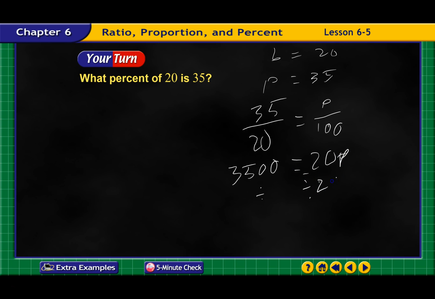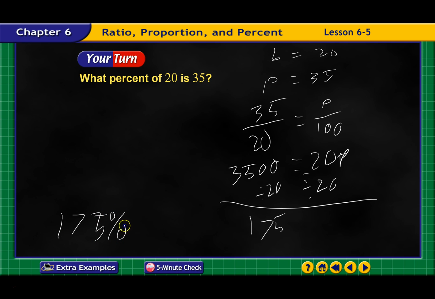Divide by 20, divide by 20. 3500 divided by 20 is 175. So my answer is 175% of 20 is 35. There we go.